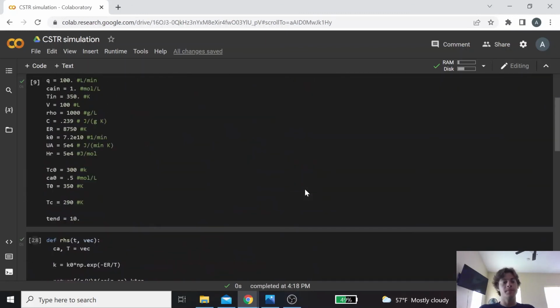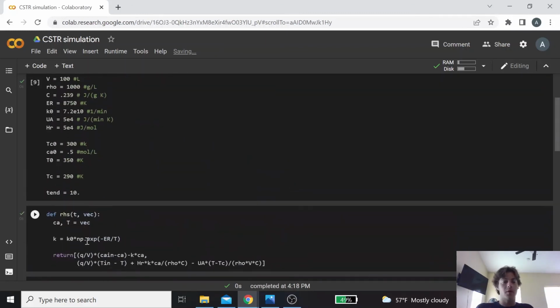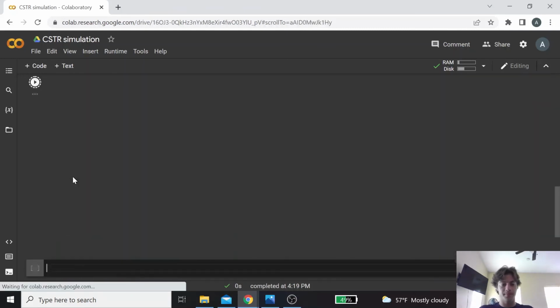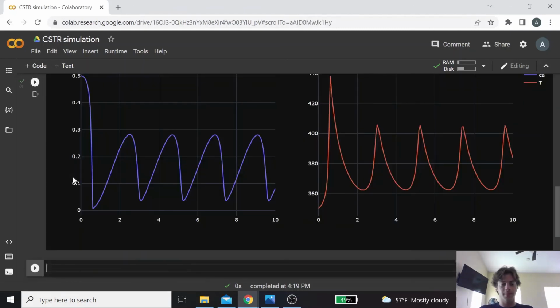So now I'm going to manipulate this. So instead of decreasing our coolant temperature from 300 to 290 Kelvin, I'm going to increase it from 300 to 305 and see what happens. So now we get loads of oscillations in here.